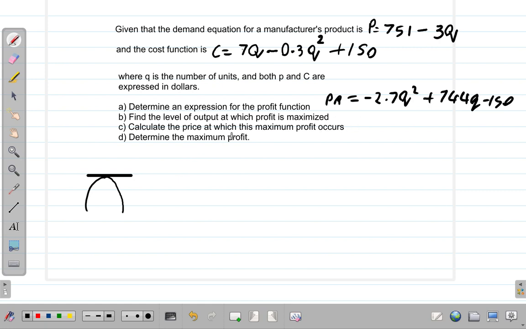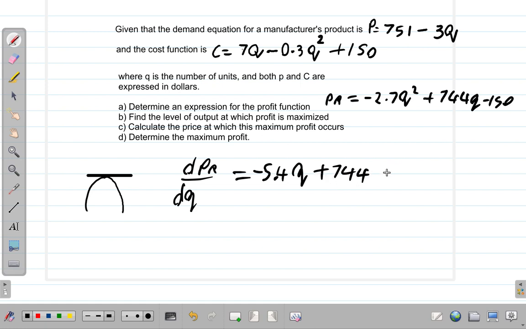So what you need to do is find the gradient function and equate it to 0, so that you locate wherever the gradient is 0. You find the gradient function by differentiating PR with respect to Q. So dPR/dQ equals negative 2.7 multiplied by 2, which is negative 5.4Q plus 744.